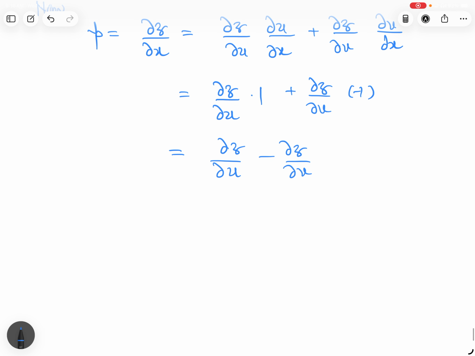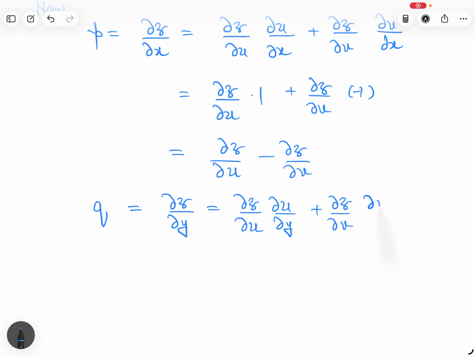Similarly, you calculate q. What is q? Del z upon del y. So what is the formula for this? Del z upon del y is del z upon del u into del u upon del y plus del z upon del v into del v upon del y.